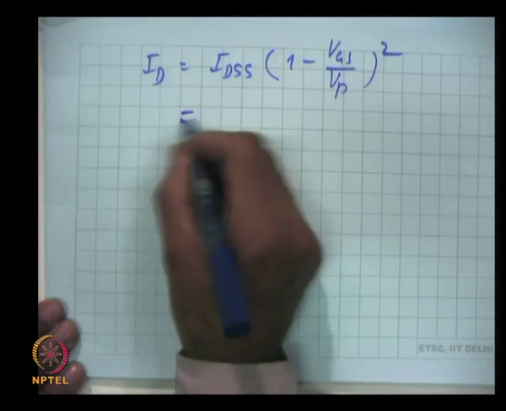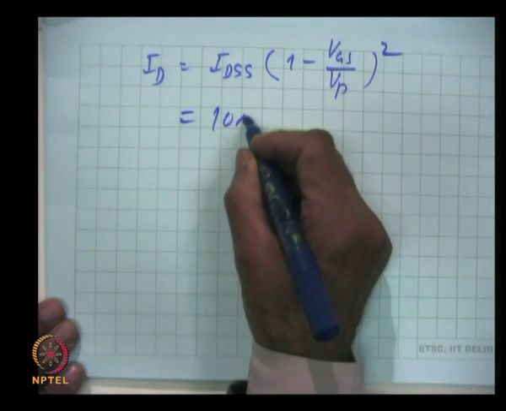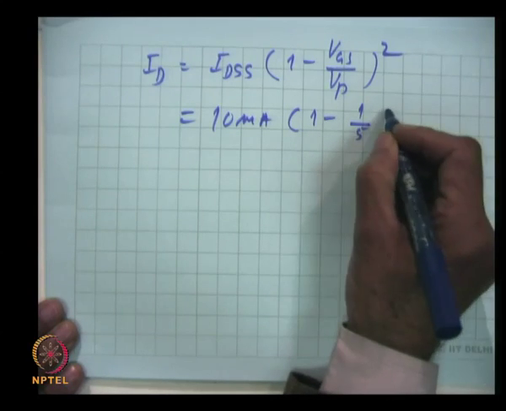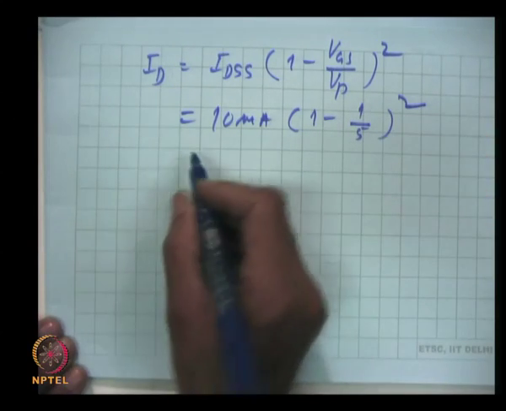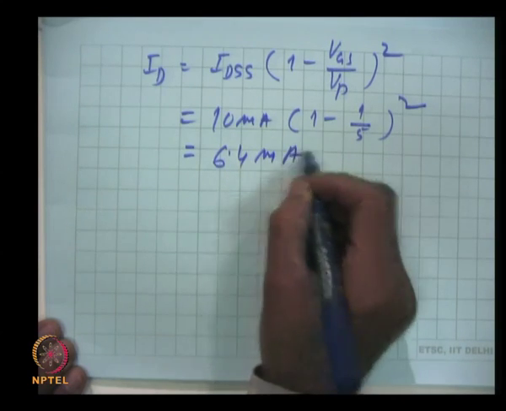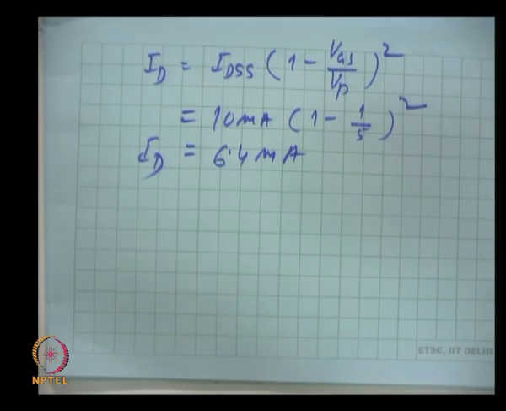This is 10 milliamperes into 1 minus 1 by 5 square, and when we solve it, it comes out to be 6.4 milliampere. This way the problems can be handled.